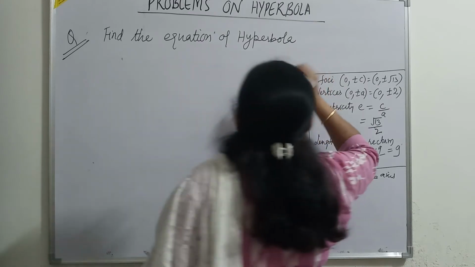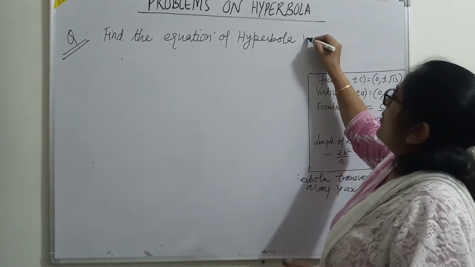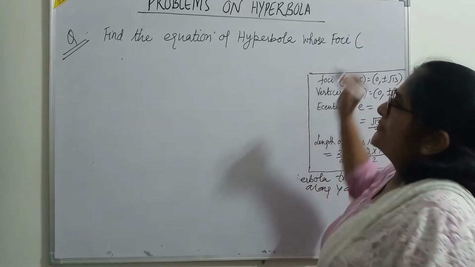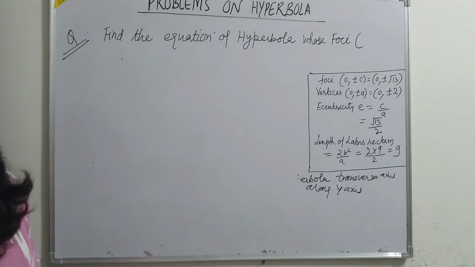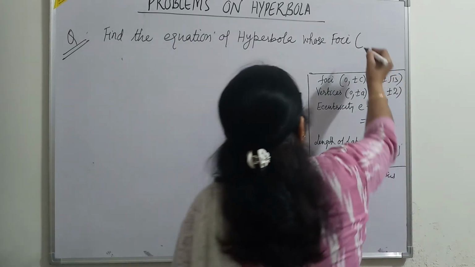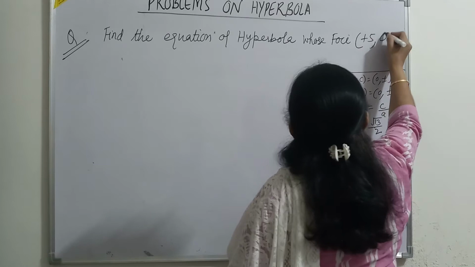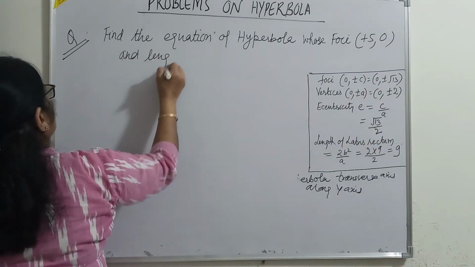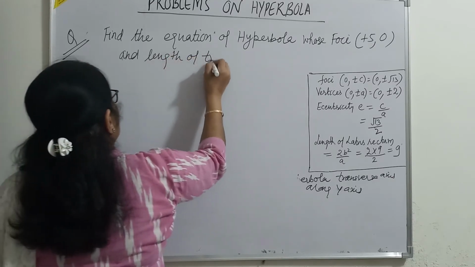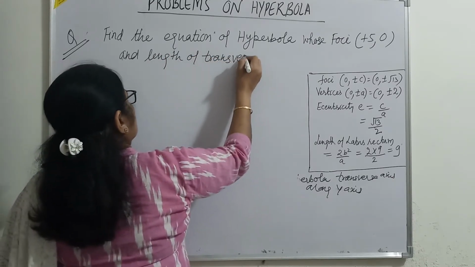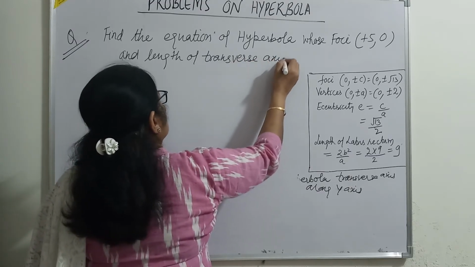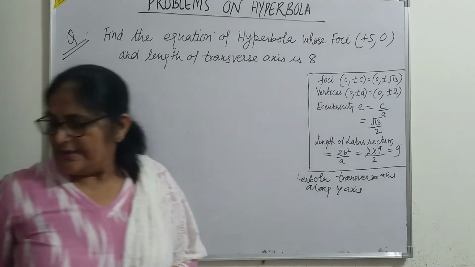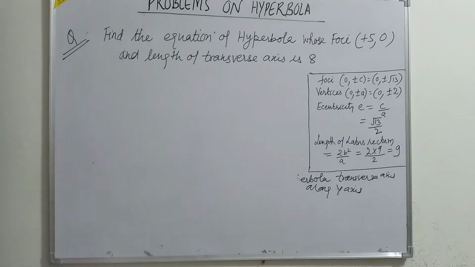Find the equation of the hyperbola satisfying the condition that the foci of this hyperbola are plus minus 5 comma 0 and the length of the transverse axis is 8.